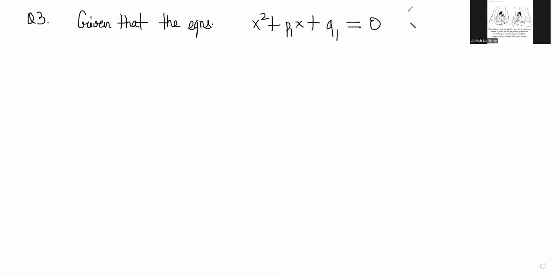Okay. Question number 3. Given that the equations x square plus p1 x plus q1 is equal to 0 and x square plus p2 x plus q2 equals 0, where p1, p2, q1, q2 are real numbers.